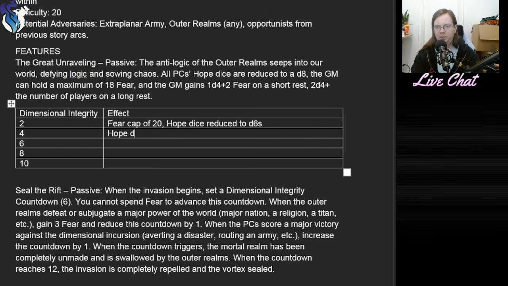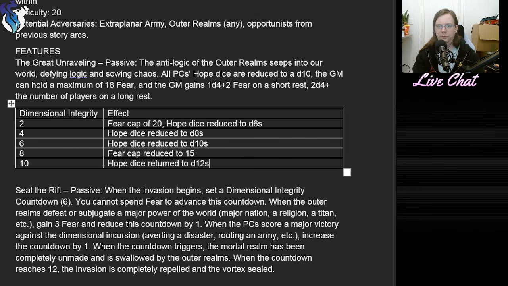So let's do hope dice reduced to d8s. This is going to start at a d10 instead, right? Hope dice reduced to d10s. That's where we start. Hope dice returned to d12s. Let's do fear cap reduced to 15. Hope dice returned to d12s.